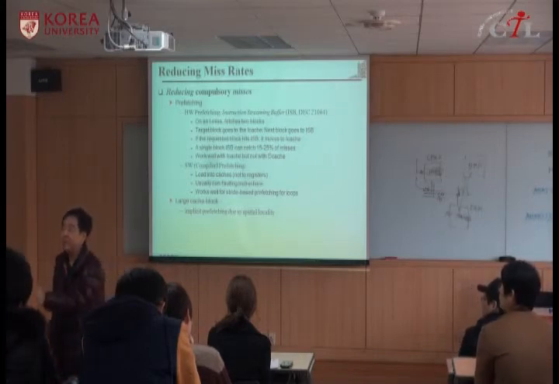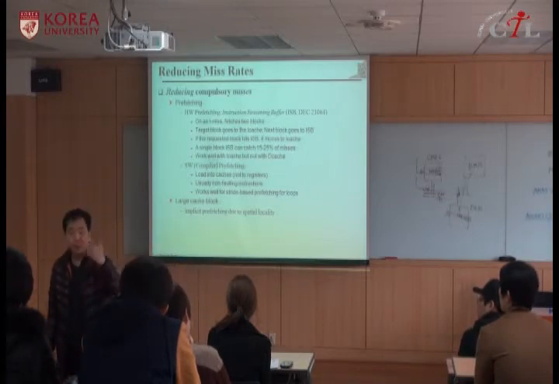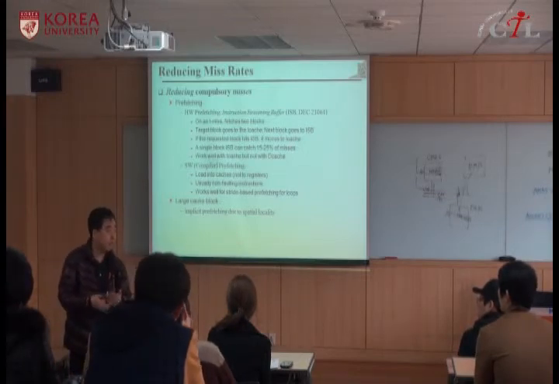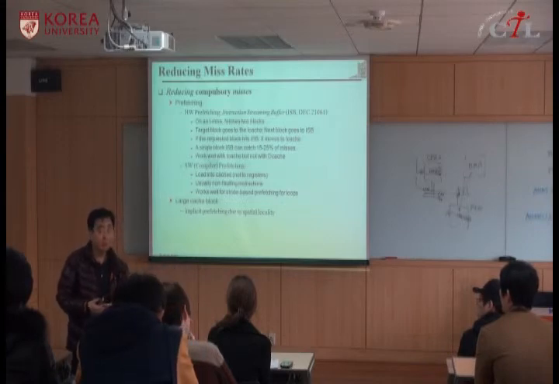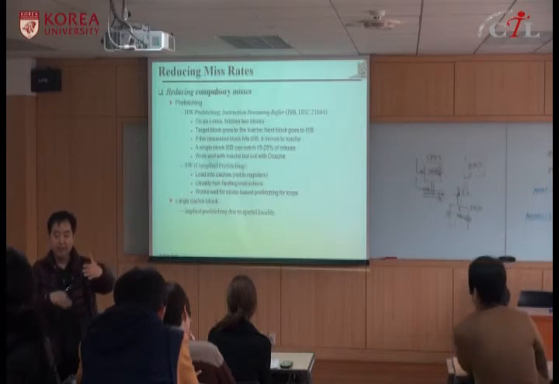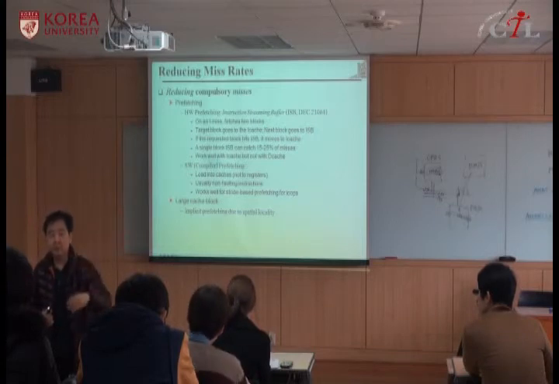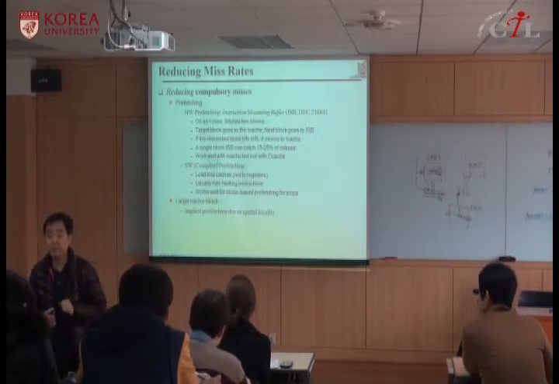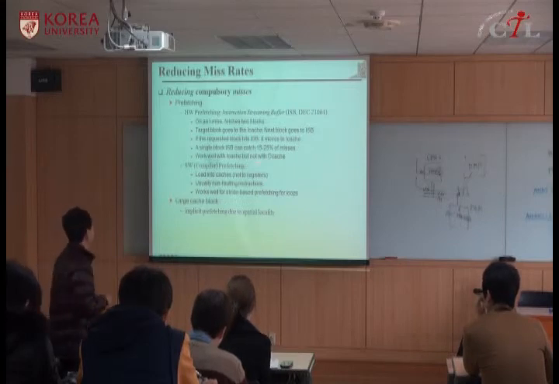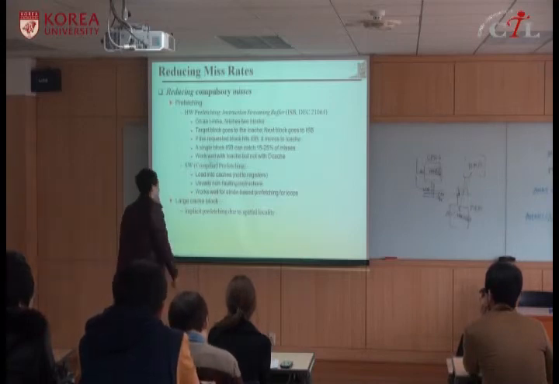Sometimes you access A0, A4, A8, A12 and so on. In a loop you usually have this stride, right? So you can predict that in the next iteration this address will be accessed. Using the stride you can insert a prefetch instruction by the compiler. Okay? And this is called software prefetching or compiler-directed prefetching.